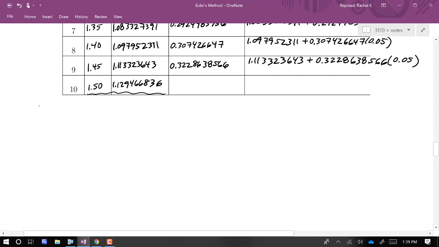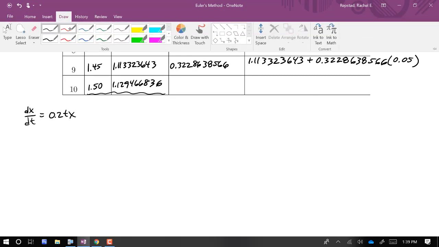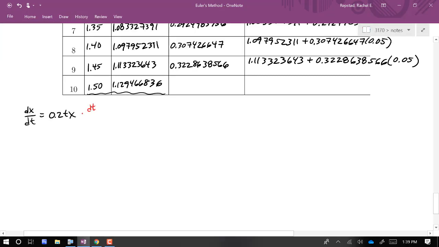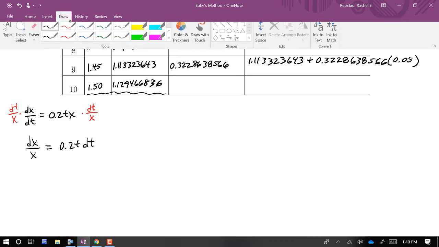So our equation of x prime, again, I'm going to use dx/dt, is 0.2tx. I can multiply both sides by dt over x to separate the variables. Then we have dx over x equals 0.2t dt, and we can integrate both sides.